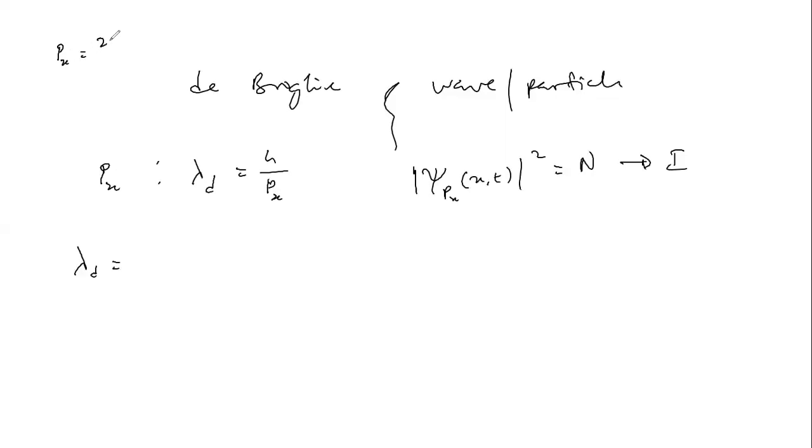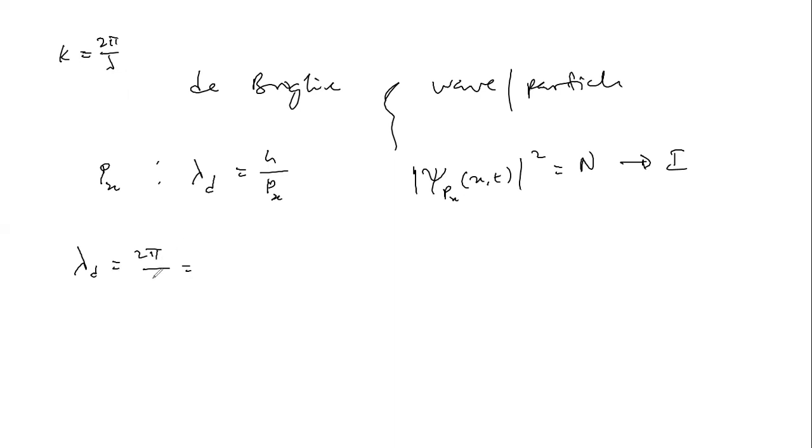the momentum is the same as 2 pi over lambda, right? So we now have 2 pi over p sub x. And now we know what p sub x is relative to the Planck constant by this expression. Sorry, this is the wave number, right? That is what we showed when we talked about the monochromatic plane wave.